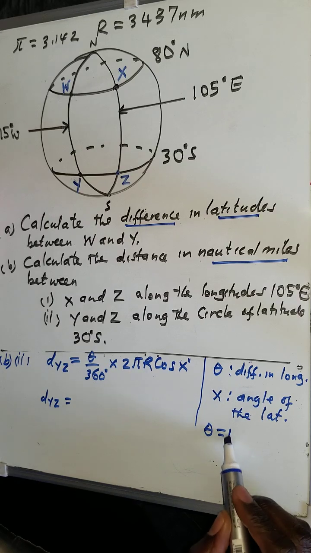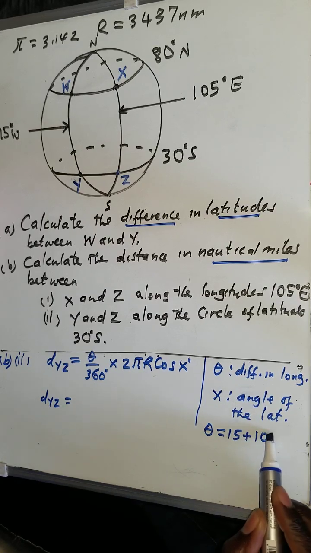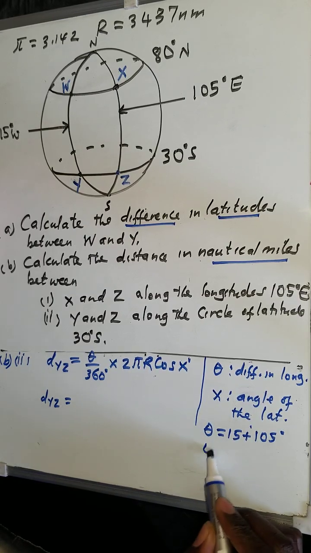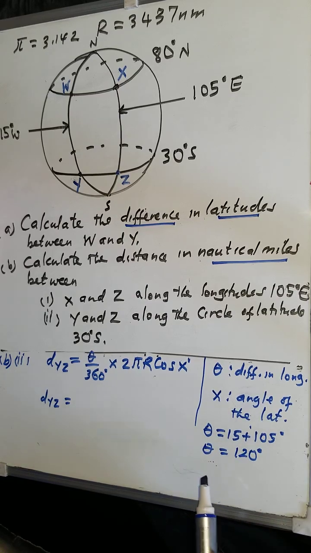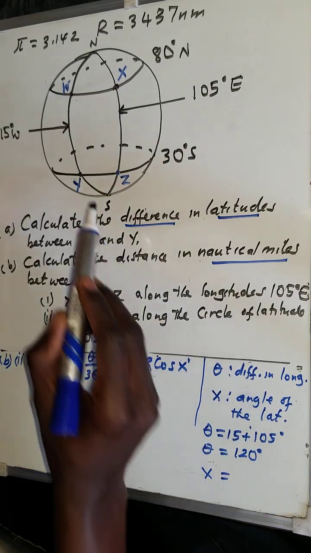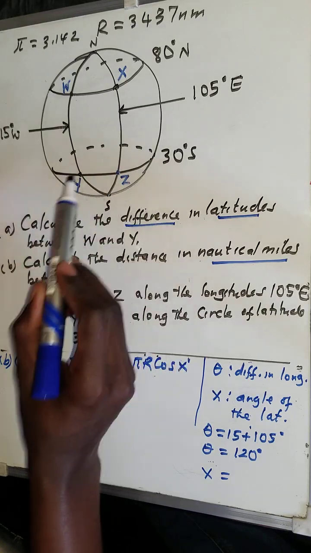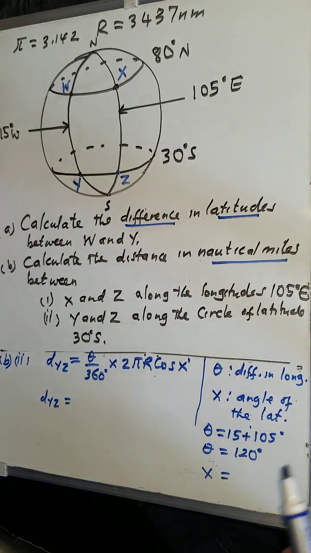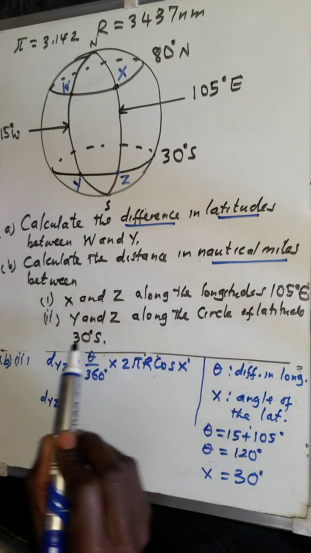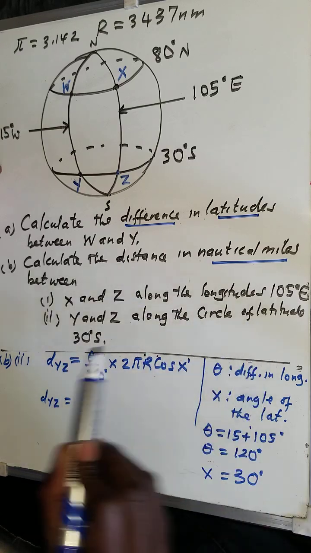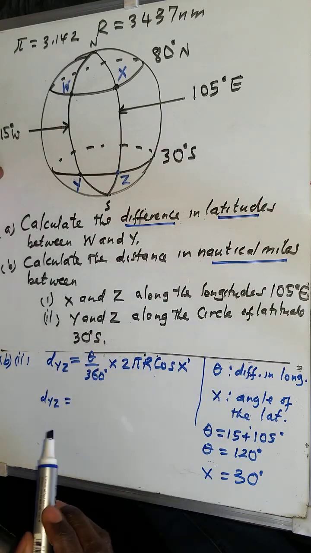So theta would be 15 plus 105 degrees, and therefore theta is going to give us 120 degrees. And x is representing the latitude. On what latitude are the 2 points? So if you notice, the 2 points are on the latitude 30 degrees. That's why they told you along the circle of latitude 30 degrees. So we just substitute there.